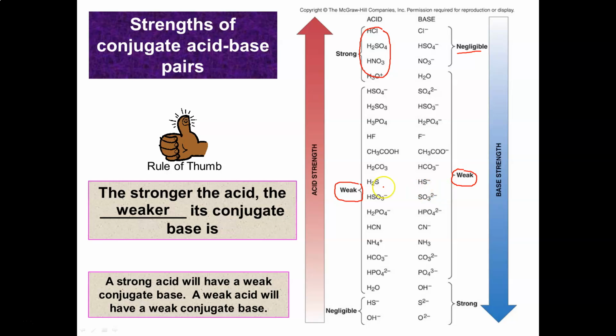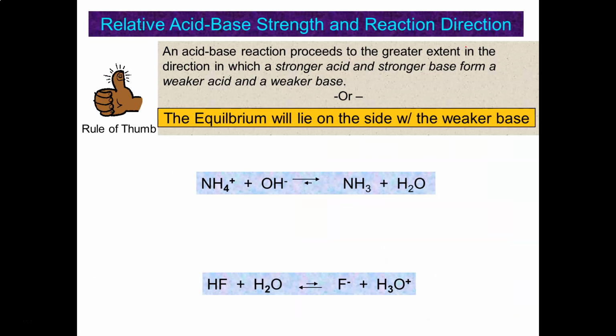H2S and HSO3 minus aren't going to want to dissociate very well at all, making them weak acids. And their conjugate bases, HS minus and SO3 2 minus, aren't going to act very basic either, because they're coming from a weak acid. So weak acids have weak conjugate bases, but a strong acid has a very, very weak, negligible conjugate base.